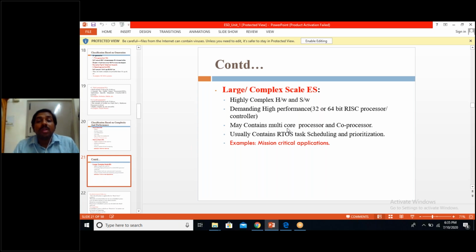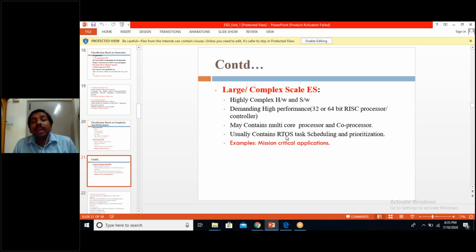They contain multi-core processors, co-processors, and an RTOS for task scheduling and assigning priority to tasks. Sometimes another task comes into the picture, and our existing task must be temporarily stopped, and the processor must be given to another task. Such an application is called a large or complex scale embedded system.